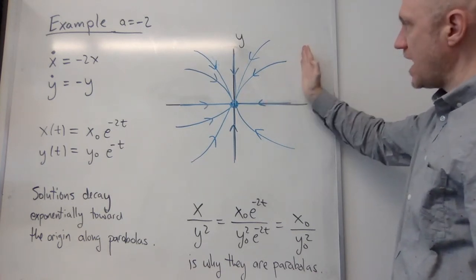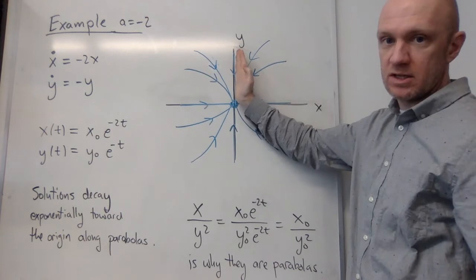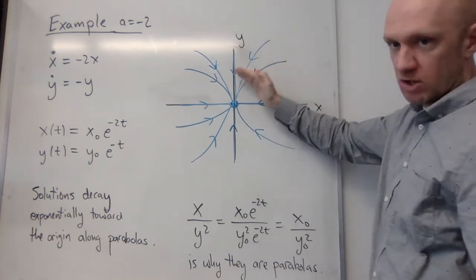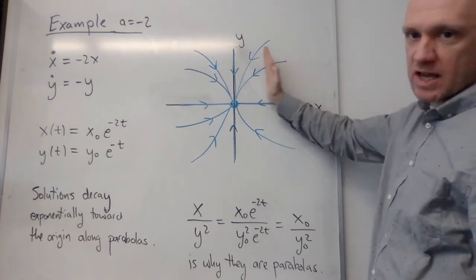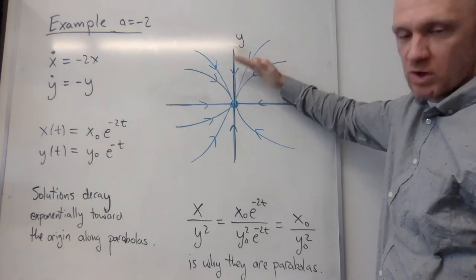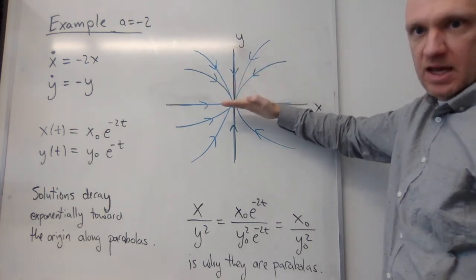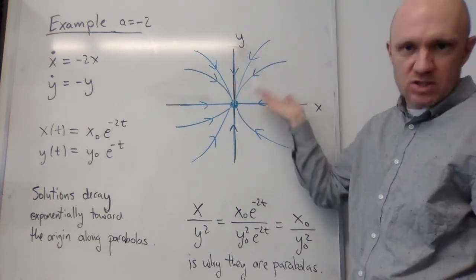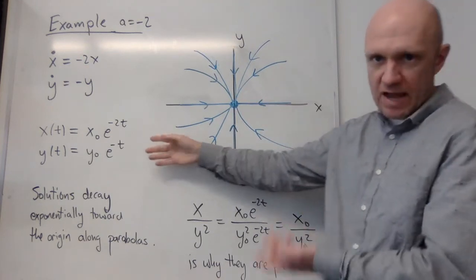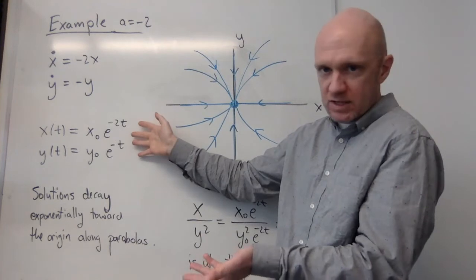Instead, X is going to shrink down more quickly, while Y shrinks. So I'm going to come in along a curved line, which squashes X more quickly in time and squashes Y more slowly. And it may not be clear what these curves are, exactly what their shape is, but we can actually look at the equation itself. We have the solutions, so we can do a lot of things with these solutions.